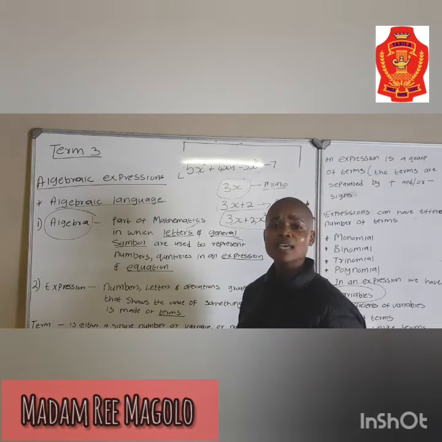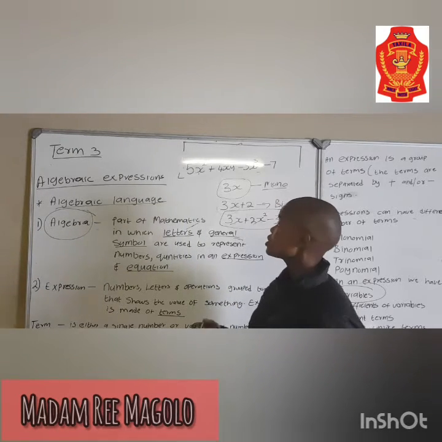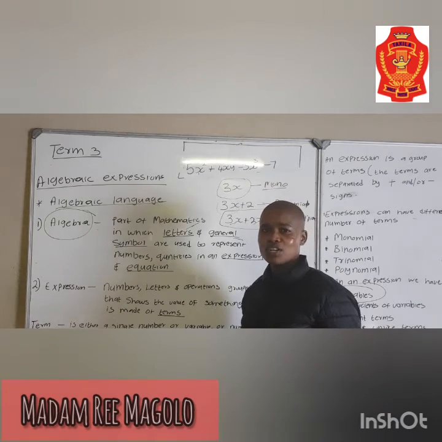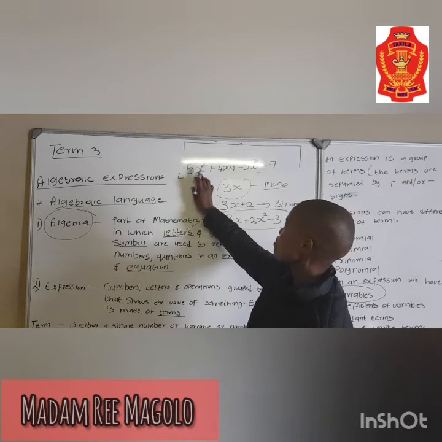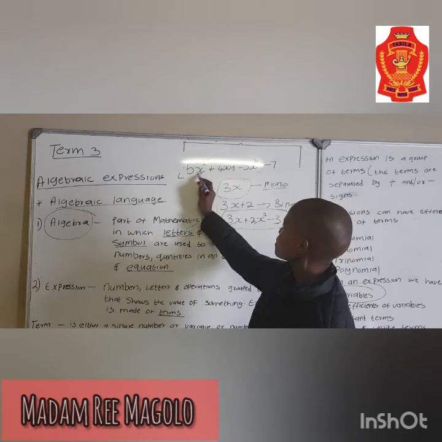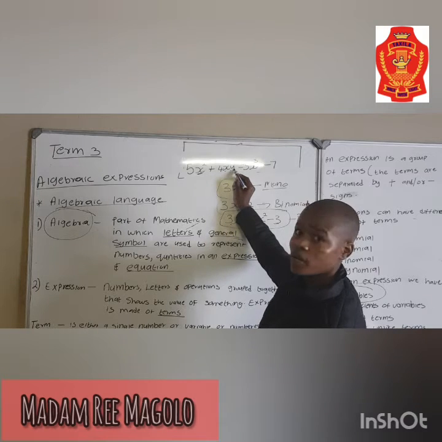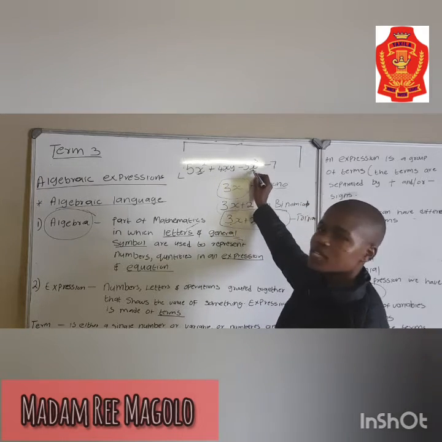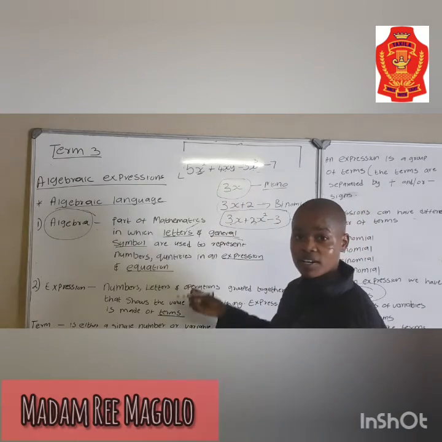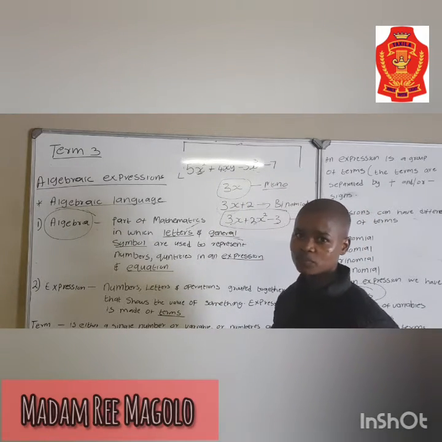They could be A, B, C, D up to Z. Normally in mathematics, we prefer to use X, Y, Z, sometimes A and B and C. In this case, my variables are X, another variable here which is X, another variable there which is Y, and then, of course, another X. Those are the variables that you find in an expression.